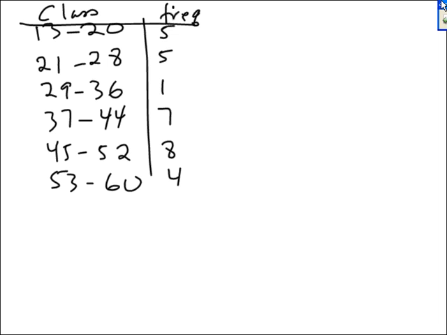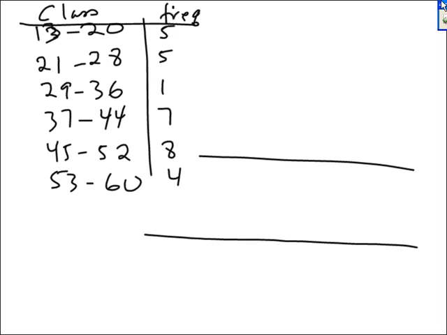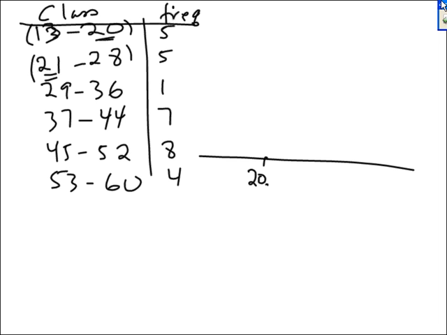And you want to make up a histogram. Okay, you want to make up a histogram. The histogram uses the class boundaries, which was the midpoint of the gaps. Between 20 and 21, the midpoint of that gap is 20.5.